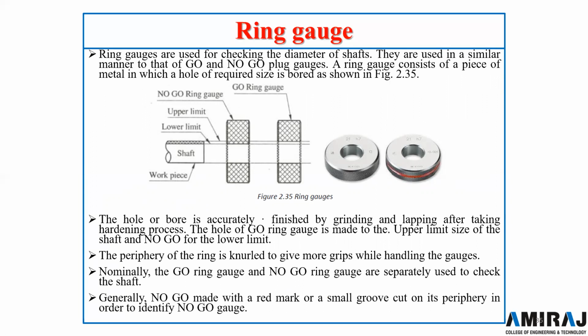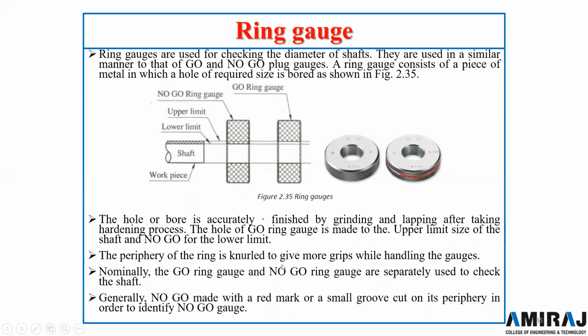A ring gauge consists of a piece of metal with a hole of the required size bored as shown in the figure. The hole is bored accurately and finished by grinding and lapping after the hardening process. The hole of the go ring gauge is made to the upper limit of the size of the shaft and the no go to the lower limit of the shaft.